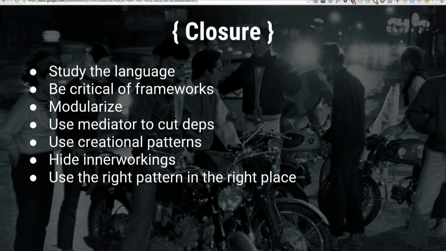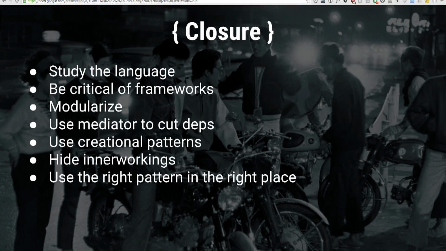Okay, so closure. First, please study the language. It's a big one. Be critical of frameworks. Again, modularize, use Mediator to cut dependencies. With modularize, if you're working now on a very big application, I would advise you not to rewrite it from the start.